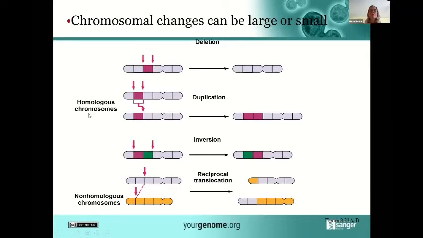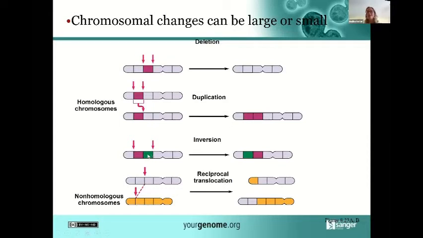Homologous chromosome means, homo means the same, so it means the pair: the one from your mum and the one from your dad. When your DNA replicates or copies itself, sometimes it makes a mistake, and you can see here that the gene from this chromosome has been added to this one, so it's made it longer.